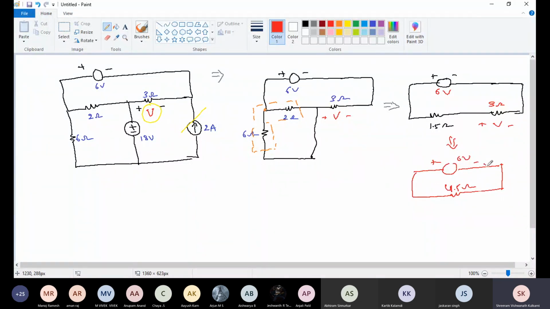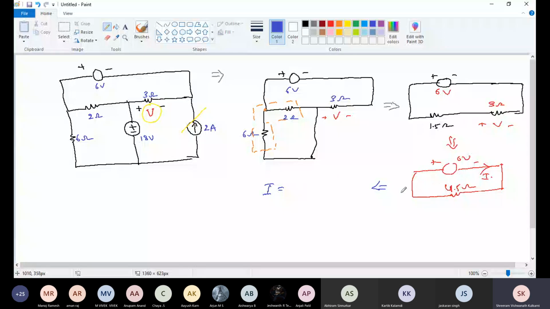Tell me the current flowing here, I. I equals how much? 6 volt is there, 4.5 resistance is there.